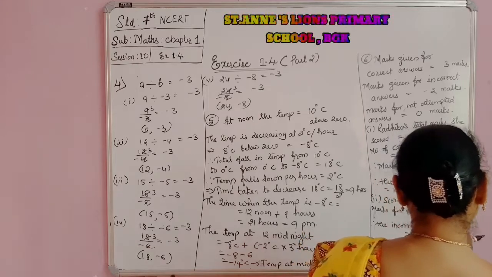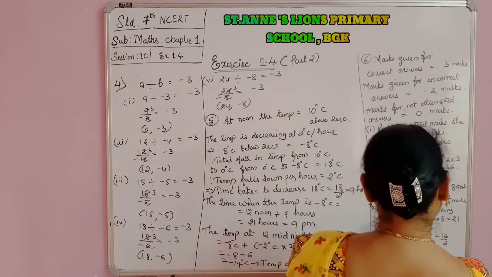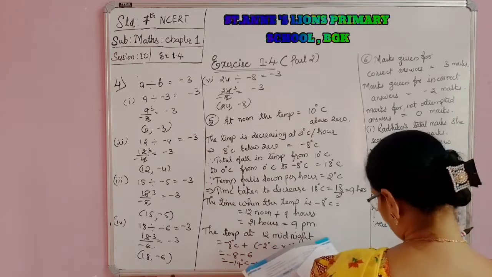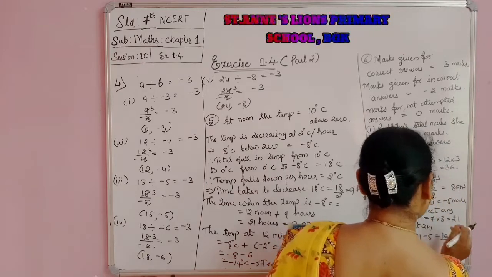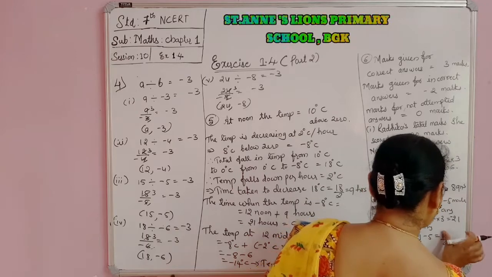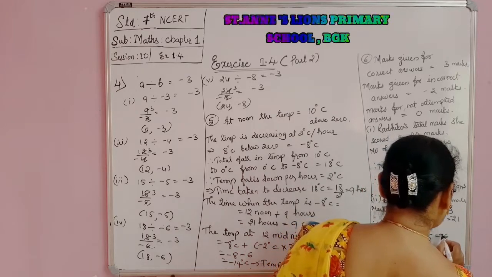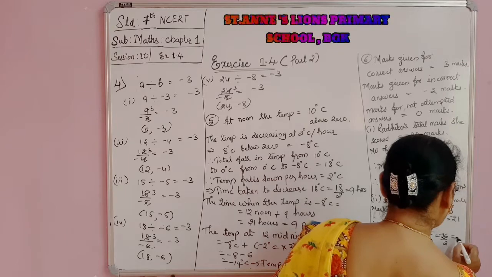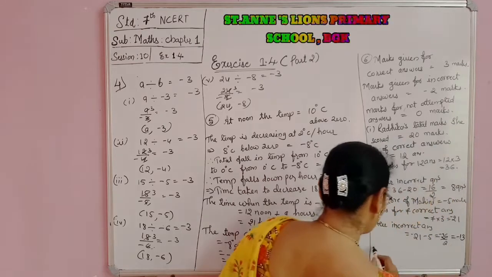So hers is incorrect. Marks for 7 incorrect answers is minus 21. So this is minus 21. Here this is minus 26. So here minus 13.